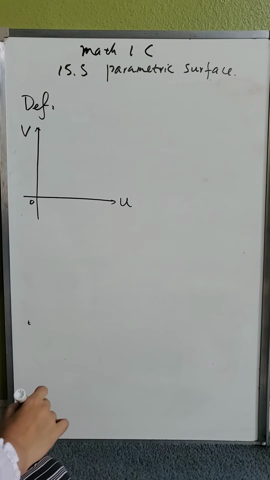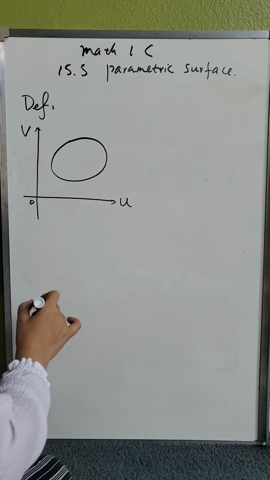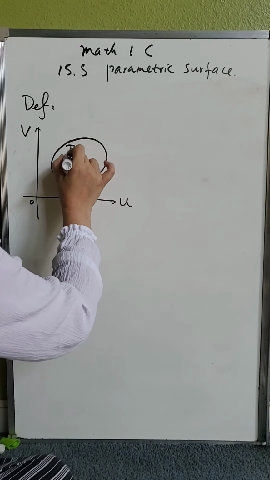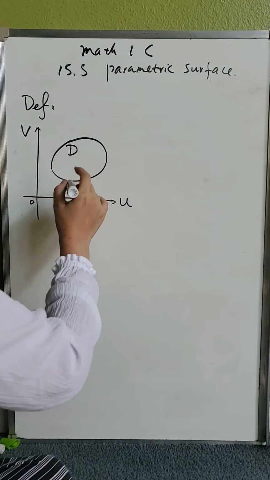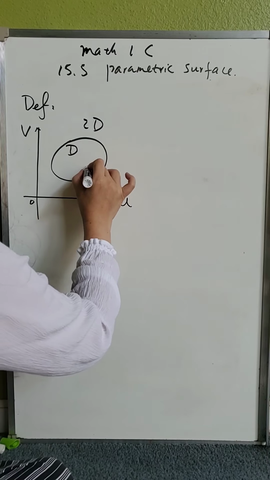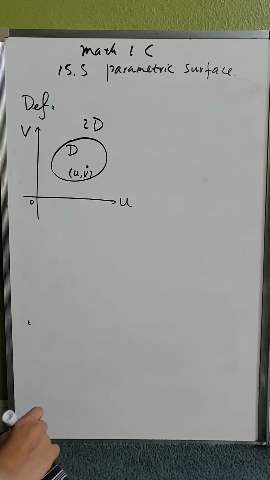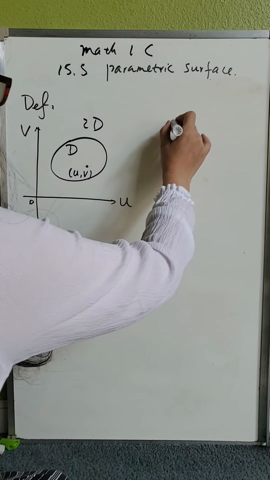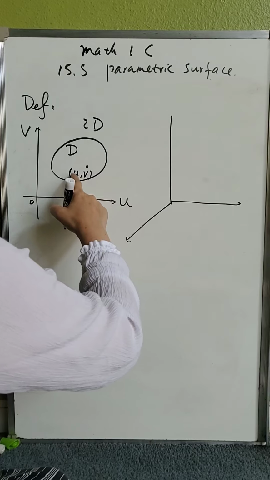So they use u and v, and then they have a region here, okay, and they call this the original region. It's flat. They use D, and this is two dimensional, okay. And then there's a point here. This point is (u, v). Now when you go to three dimensions, and this is a curve.